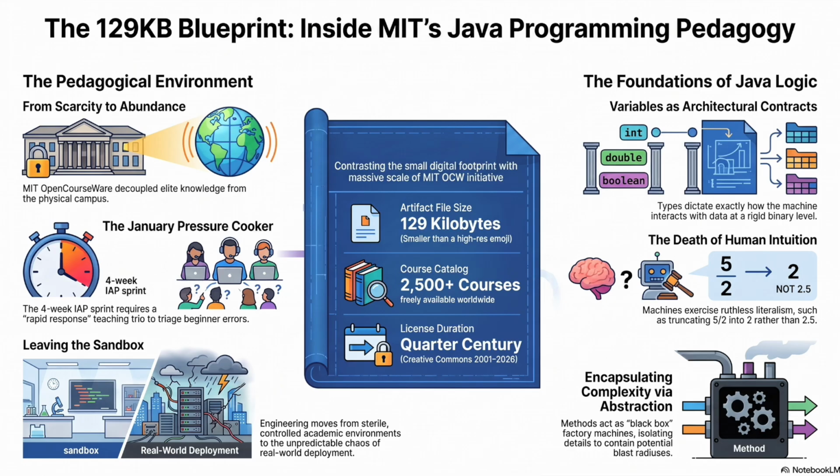No, not at all. It feels more like a rigid architectural blueprint. You are defining the exact physics of a specific zone in the computer's memory. That is a much more accurate way to model it. It is an architectural contract. In a strongly typed language like Java, the type dictates not just what the data is, but how the machine is allowed to interact with it at a binary level.